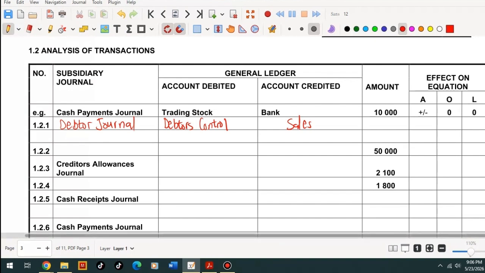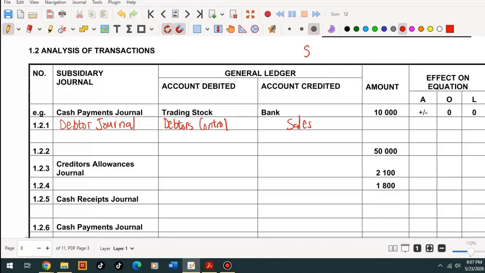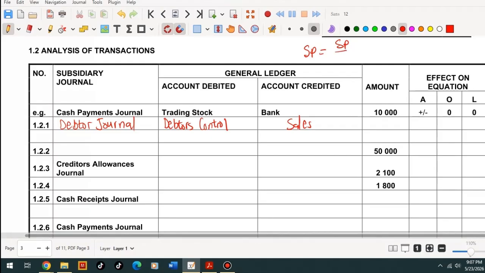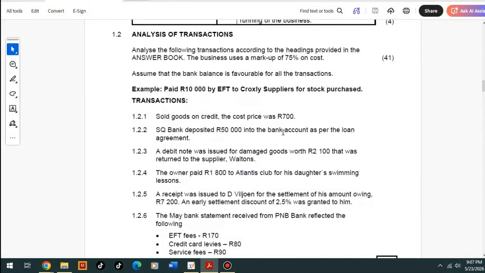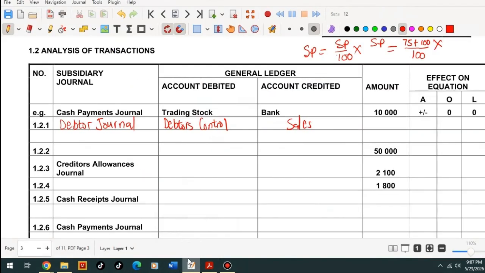So to calculate the sales amount, we have to use the formula: selling price equals SP over cost price multiplied by the cost. In this case, we are given the markup, which is 75% plus the cost, which gives us the selling price percentage, 175 over 100, multiplied by the amount that we are given for the cost, which is 700 rands.